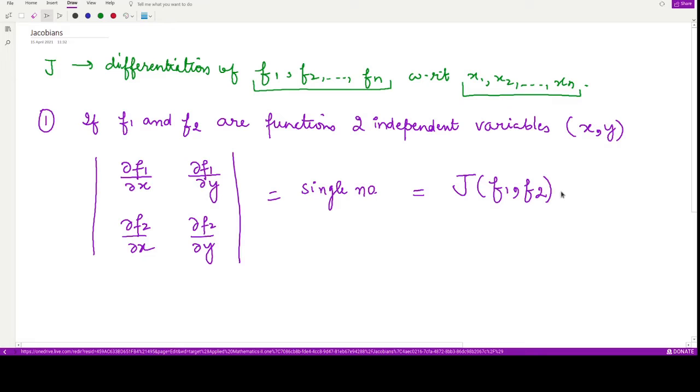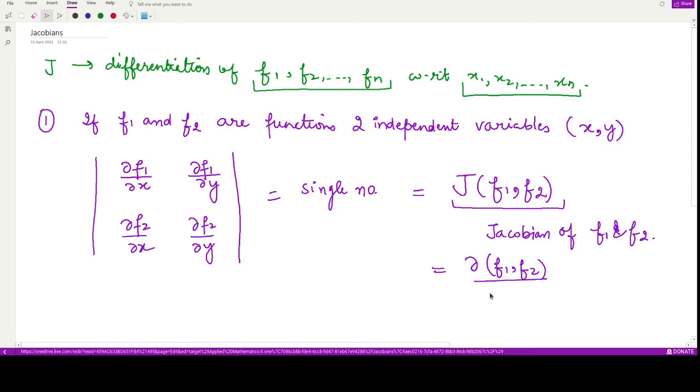This single number is known as the Jacobian of the functions f1 and f2. In notation, it is represented by del of f1 comma f2 divided by del of x comma y.